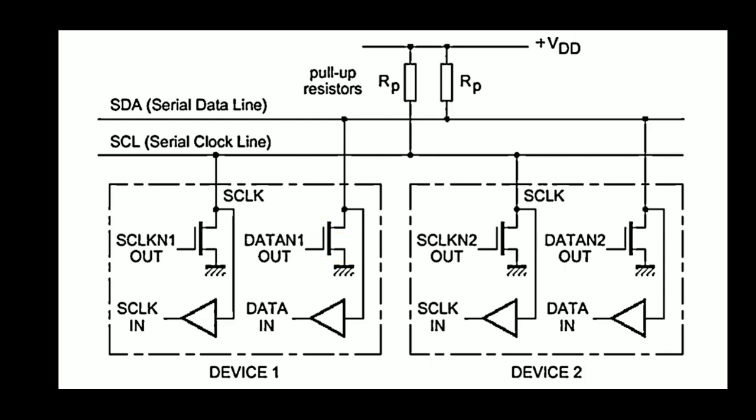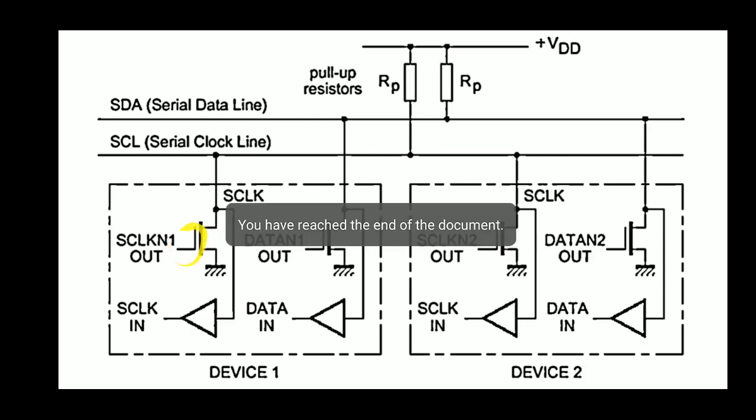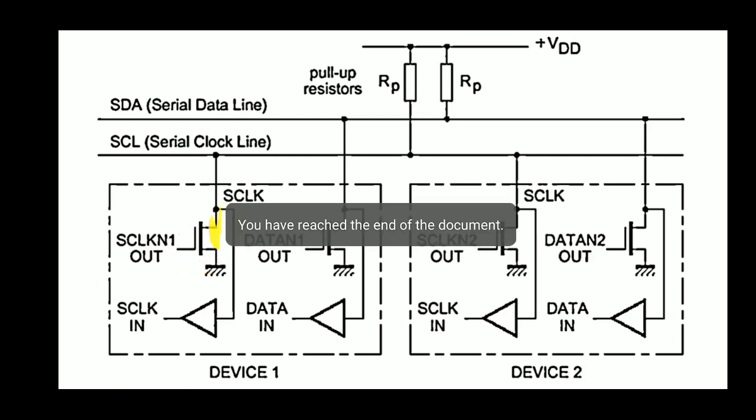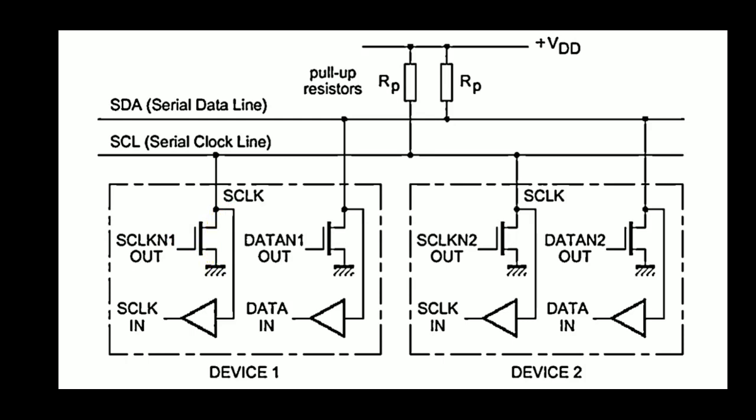Similarly, after the SDA becomes 0, the SCL line should also be made 0. In order to do that, the gate voltage of the SCL output transistor is made high. So this output transistor will start conducting, and the voltage at the drain point of this transistor becomes 0.